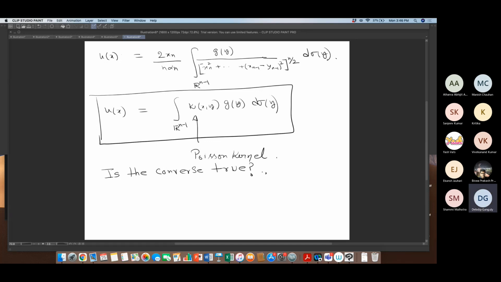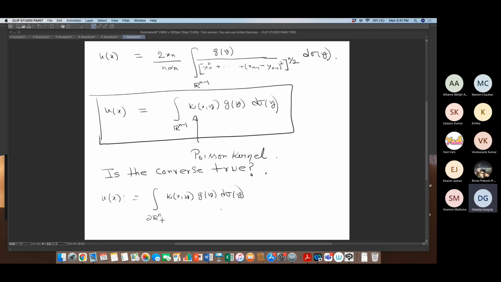Suppose I define a function u of x as the integral over del Rn of the Poisson kernel times g of y d sigma y.